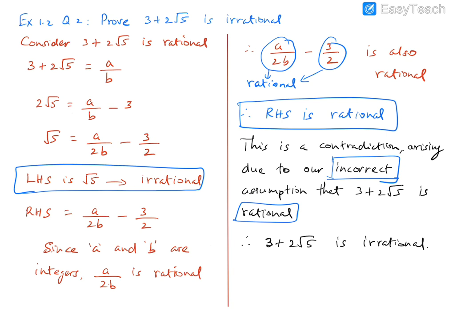On the left hand side we have b, which is b over 1, which is rational.